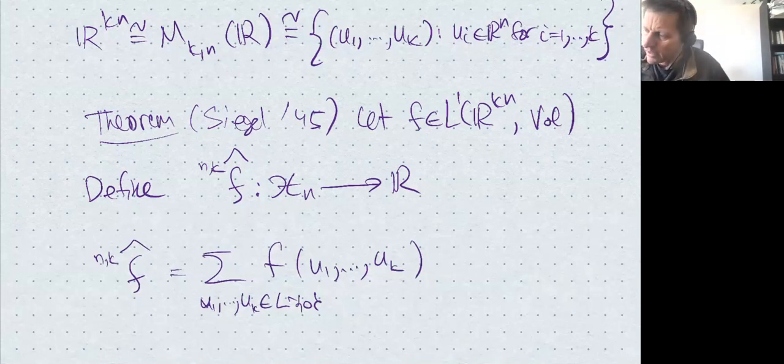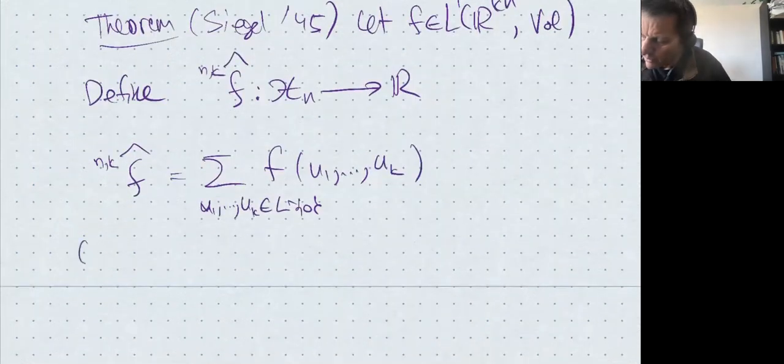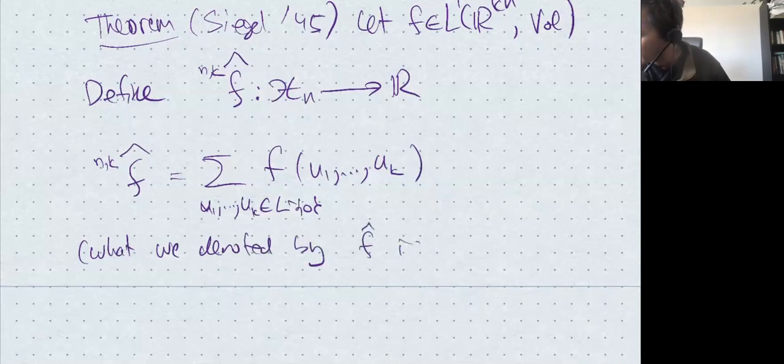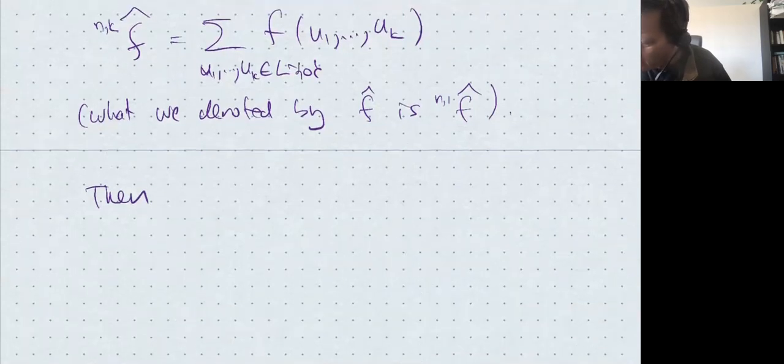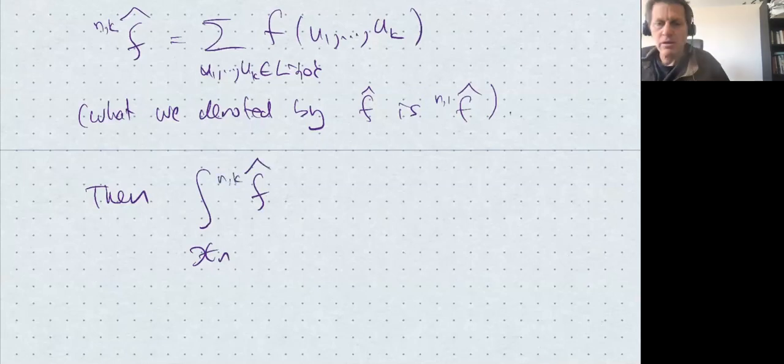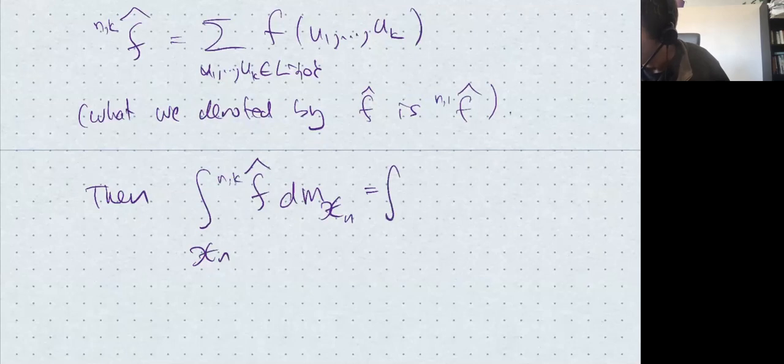So I'll just write that in the margin. What we denoted by f hat is just what we're now denoting by f hat n1. And then we have a Siegel summation formula again: the integral of this transform, which is again a function on the space of lattices, is the integral with respect to Lebesgue measure of f.